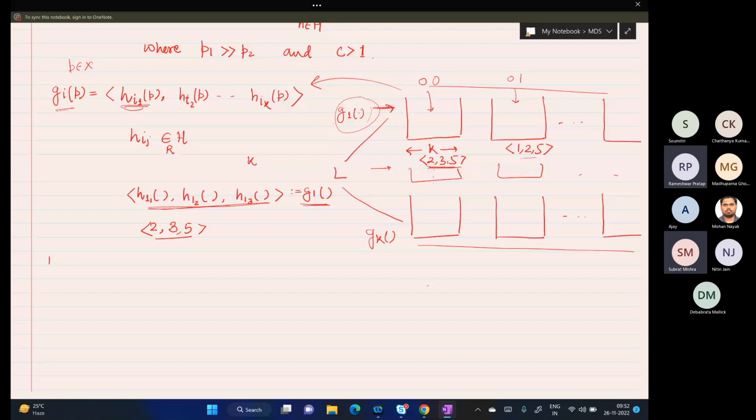So whatever G1 of P you have written there, that is nothing but the 0, 0 bucket data, right?